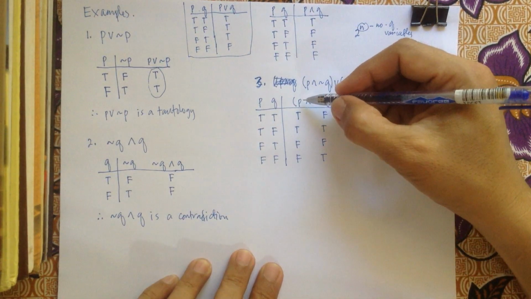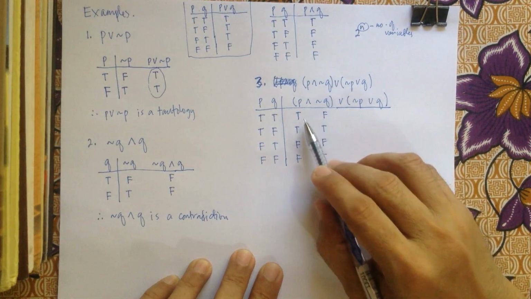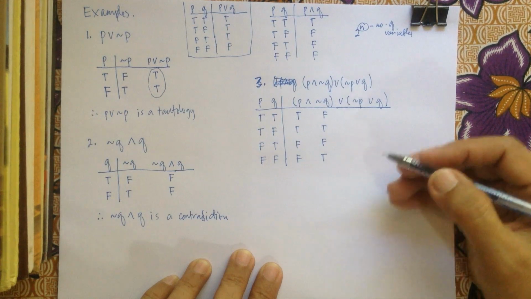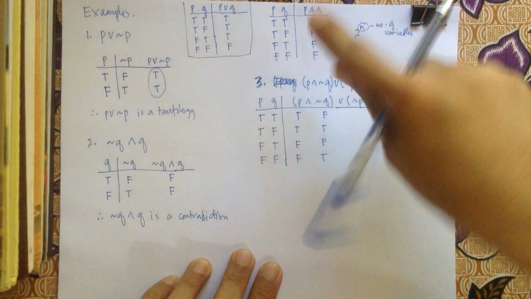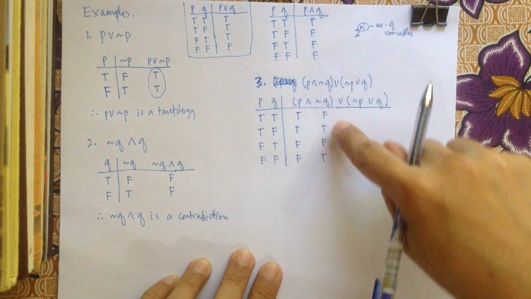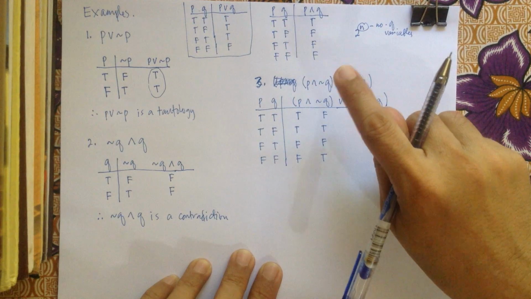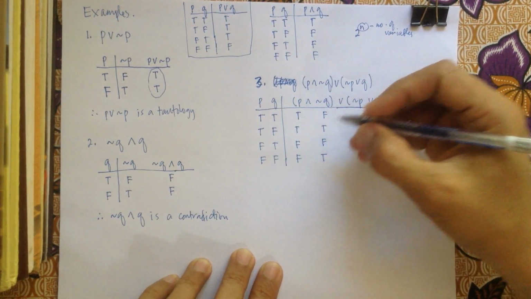And to find the truth value of P and negation of Q, we consider these truth values of P and negation of Q respectively. So under and, remember this, under and, there's only one instance where P and negation of Q is true, and that is when both of them are true.